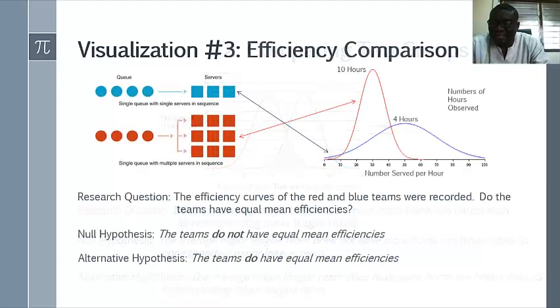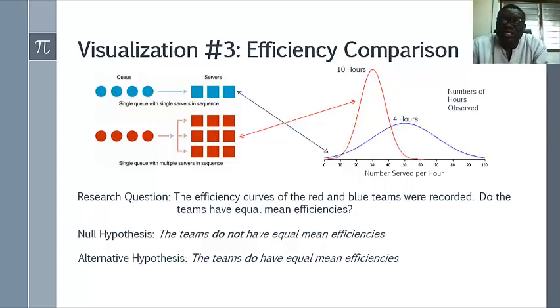Now let's go to the third test. Here we are looking at visualization number 3, efficiency comparison. The research question indicates that the efficiency curves of the red and blue teams were recorded. Do the teams have equal mean efficiencies? The null hypothesis indicates that the teams do not have equal mean efficiencies.